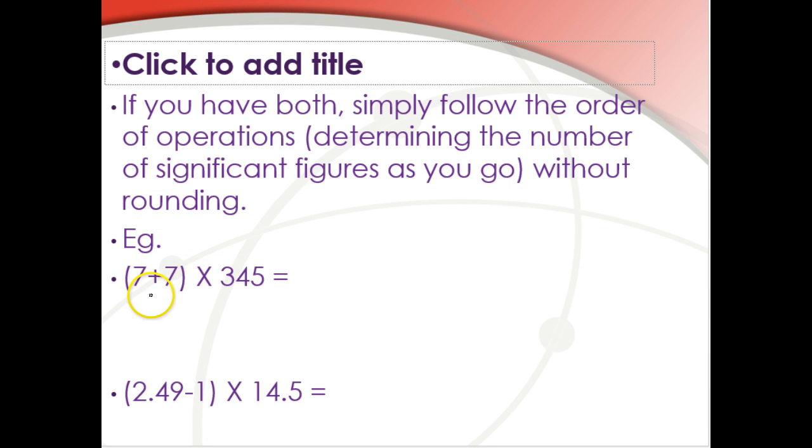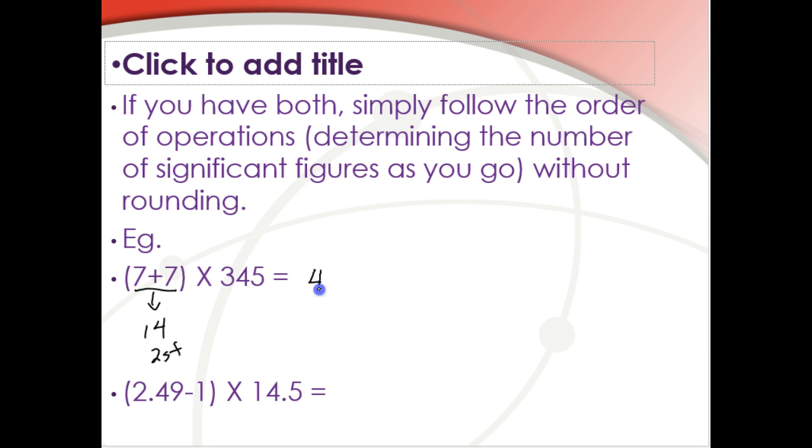In this first problem, these are in parentheses, so I do them first. 7 plus 7 gives me 14. 14 is 2 significant figures. Now I'm just going to determine how many significant figures I should have, but I'm not going to round it. I multiply by 345, and I get 4,800 and something.